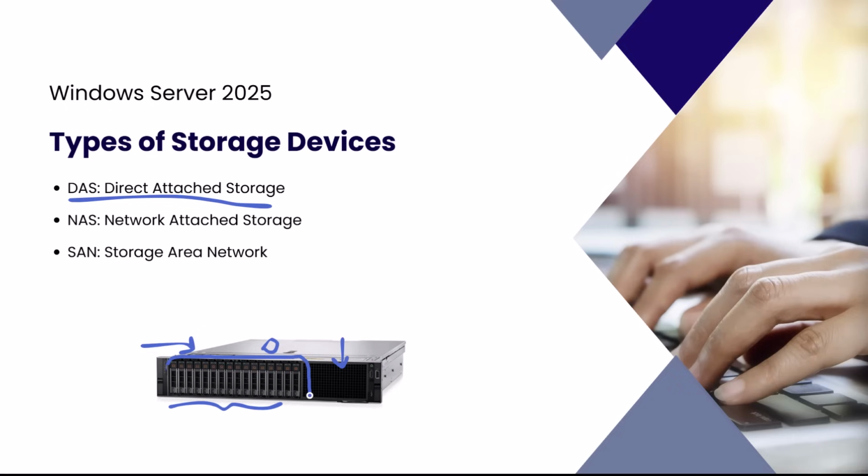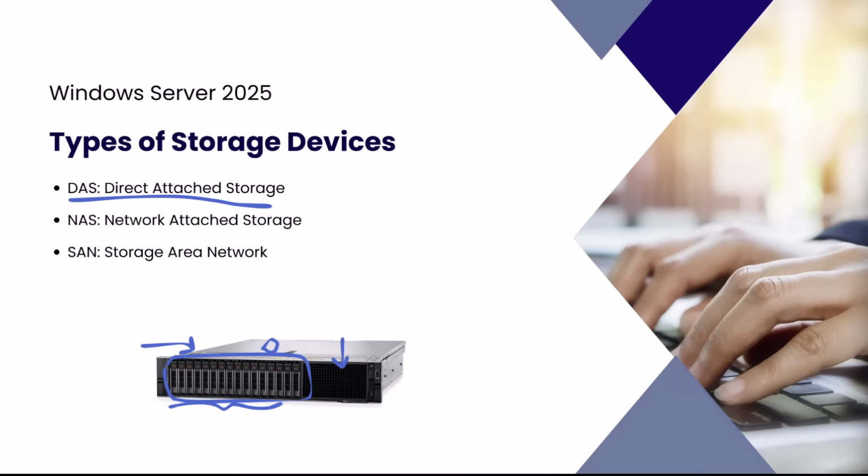The local hard disk is what we call direct attached storage. It is physically attached directly to the server, and it is simple, fast, and inexpensive. But this is not ideal for sharing across multiple servers.